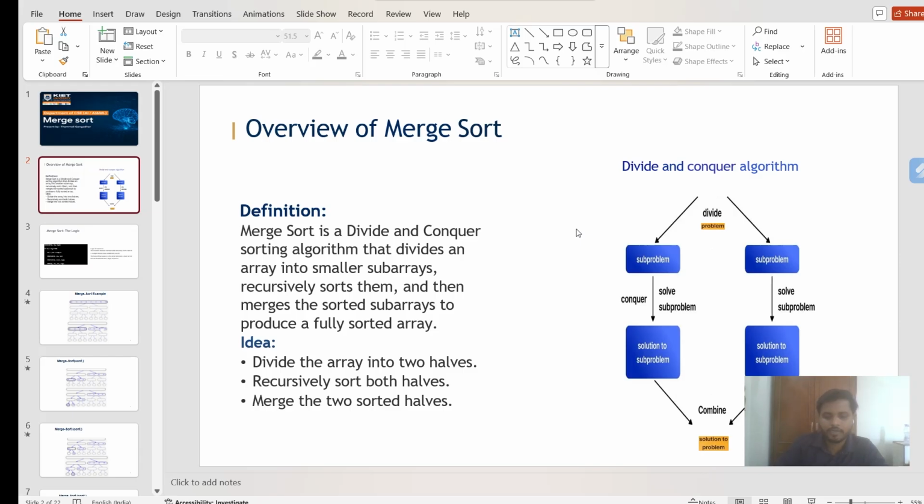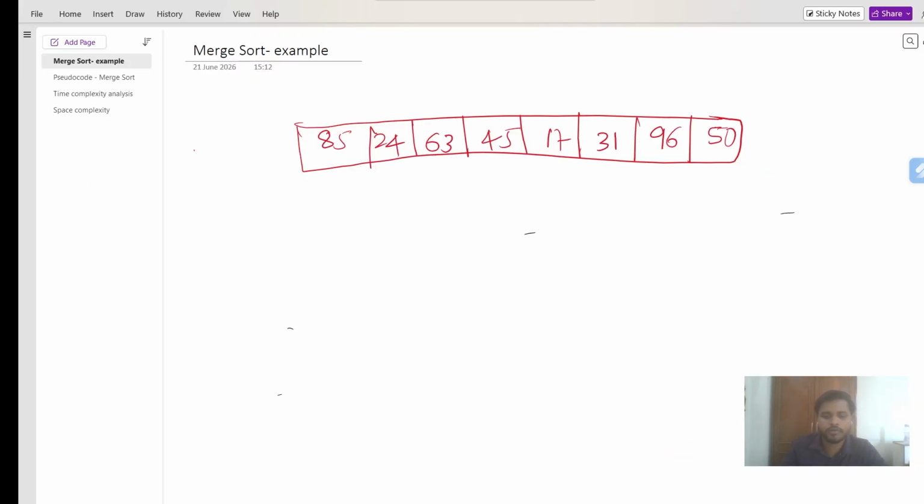Now let us see with an example how merge sort is going to work. We have an array consisting of 8 elements. As I told you, the first step of merge sort is to recursively divide the array into two halves based upon the middle value.